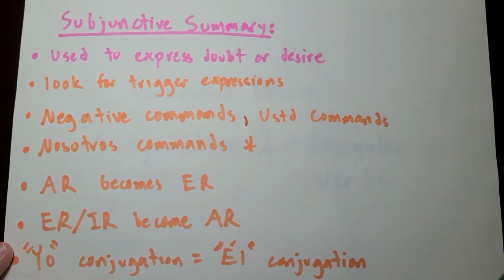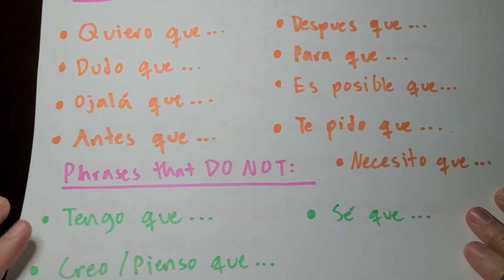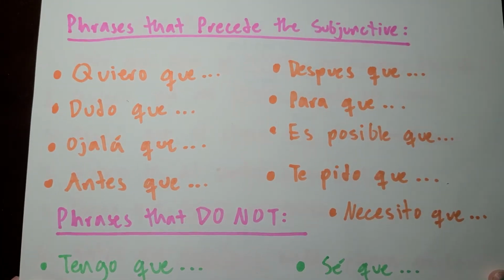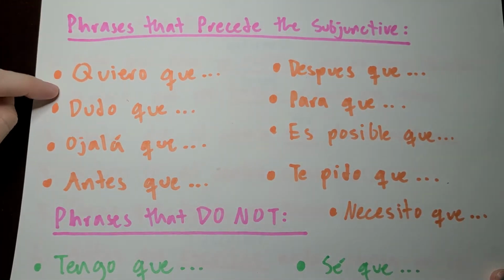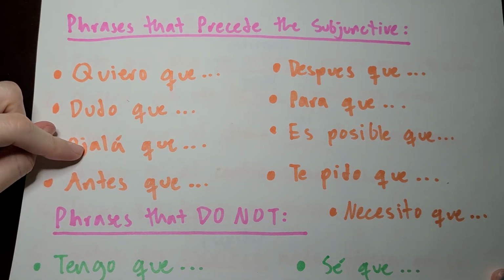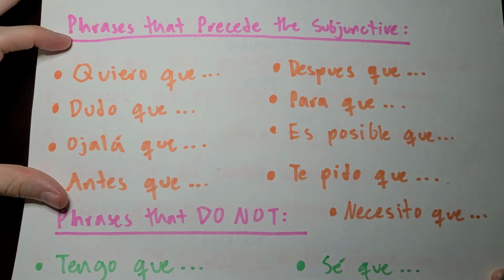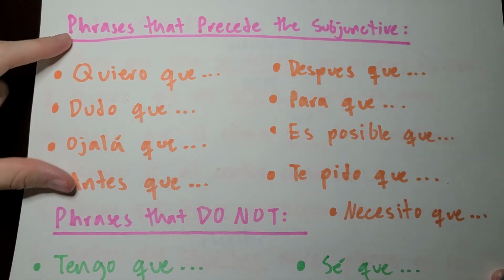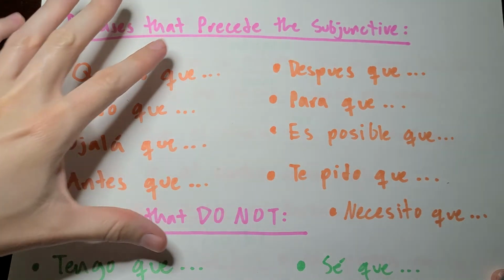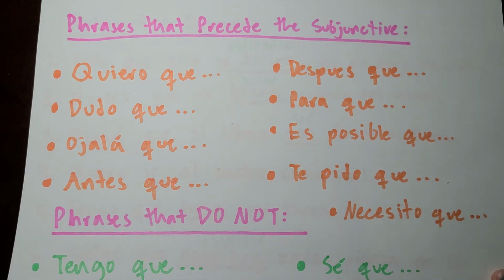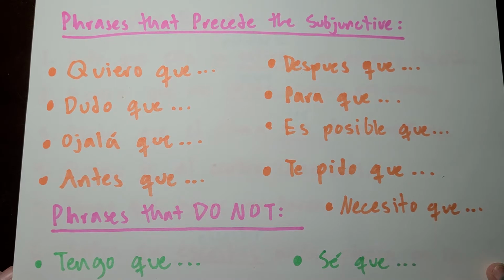Okay, the last thing that I wanted to say before we get started is remember from our first lesson, these phrases that always precede the subjunctive. Now, the subjunctive can be used without these phrases, but I think these are really helpful for you because they will cover you, especially as a beginner, when to expect it or when to use it probably a majority of the time.